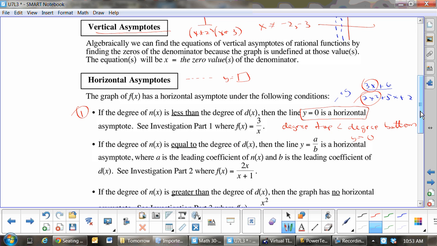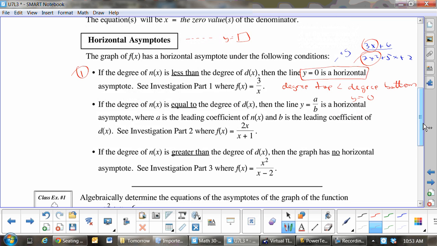Now, what happens if your degree is equal? So, if the degree of the top equals the degree of the bottom, it equals the ratio of the leading coefficients. Okay?